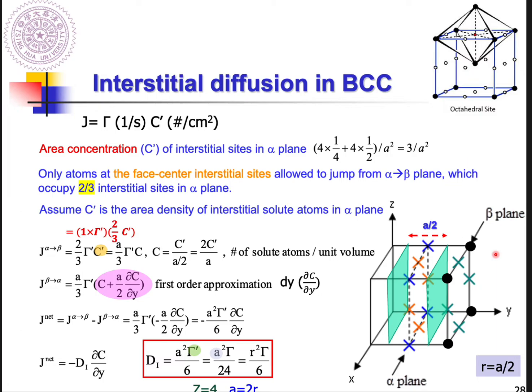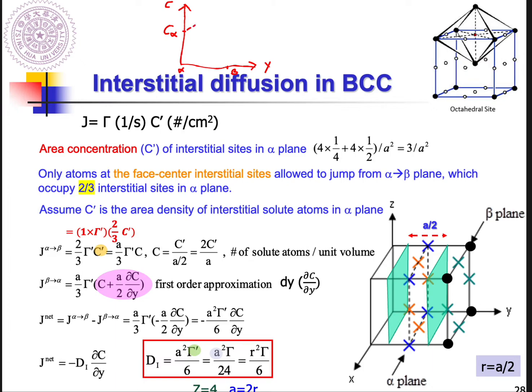Okay, so probably I can draw something, because some people asked why we can use this kind of expression, so I will try based on this figure. So this is y, right? If this is the alpha plane and this is the beta plane, and this is C alpha, this is a concentration.